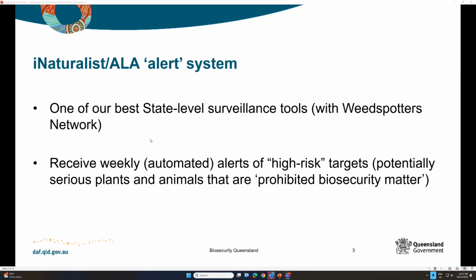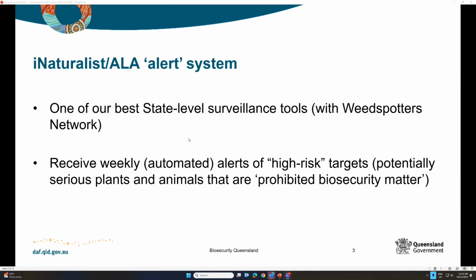I would rank it as one of our best, if not the best, state level surveillance tools that we have. We've got another one that we call the Weed Spotters Network, which is a trained group of 1,900 volunteers across the state that are on the lookout for weeds in particular. But the ALA iNaturalist alert system is probably, arguably, our most comprehensive surveillance tool.